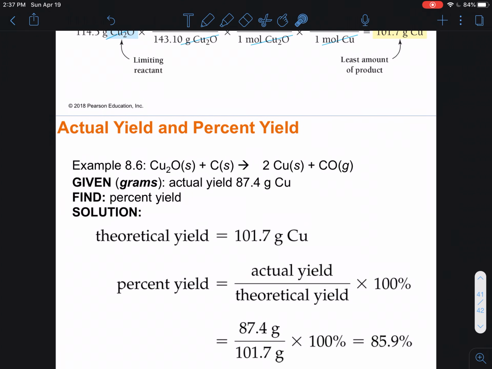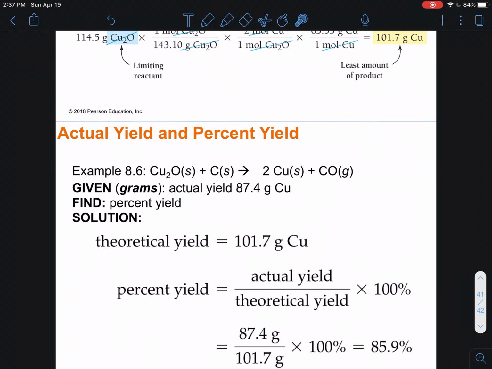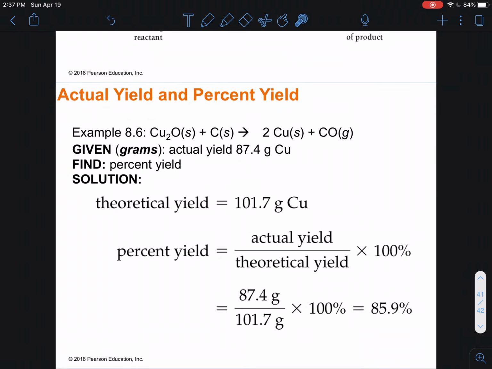So now we have, okay, again, our theoretical yield. Basically what this slide is, and I included this for you guys later on, let's say you isolated 87.4 grams instead of 100 when you should have gotten 101.7.